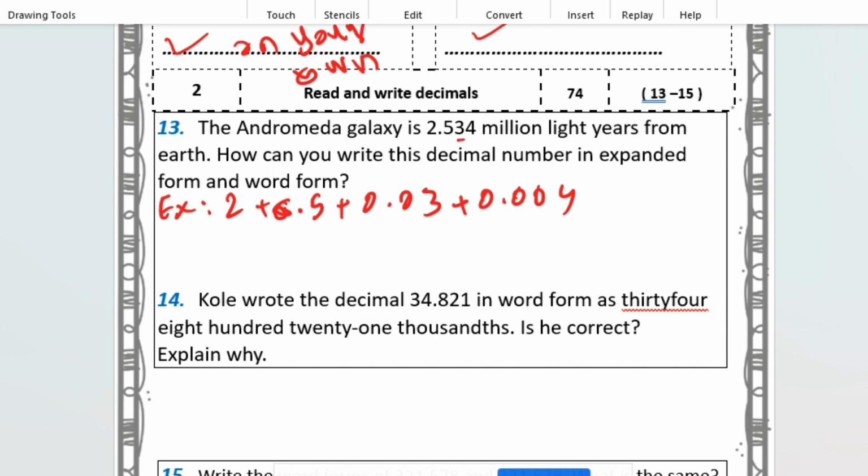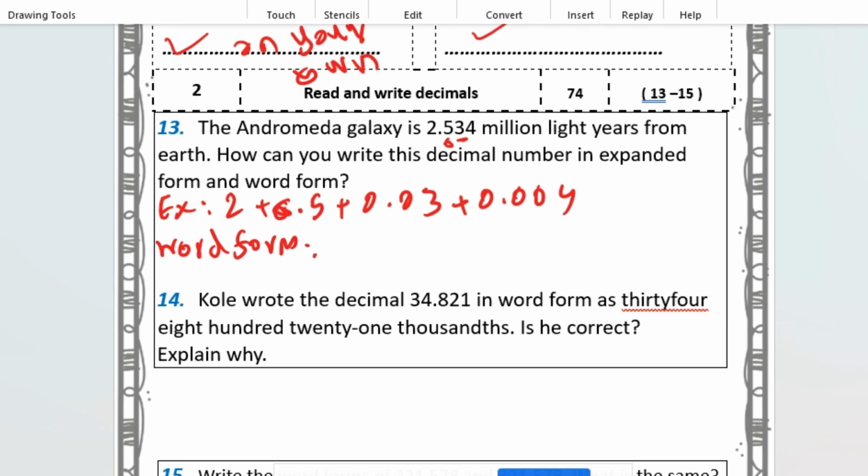Here we have 3, but there is a 5 before, so we put 0, so it will be 0.03. For the 4, we have 2 numbers before the 4, so we put zeros, so it will be 0.004. The word form is actually extremely tall.